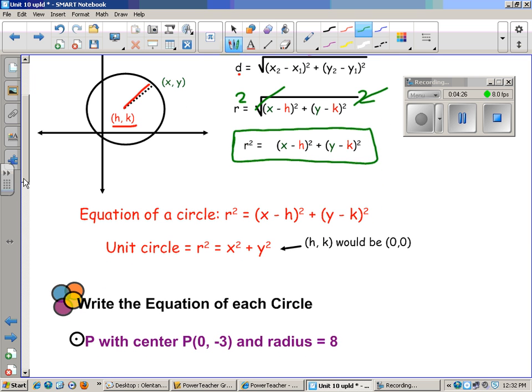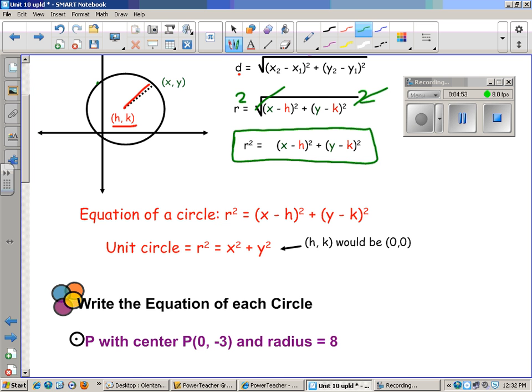And the x and the y are here to represent all the points around the circle. Okay, so this is xy, this is xy, this is xy, all the ones that are on the circle. That's why we have that. We need those two variables there. They're like the placeholder for all the ordered pairs that make up this circle.